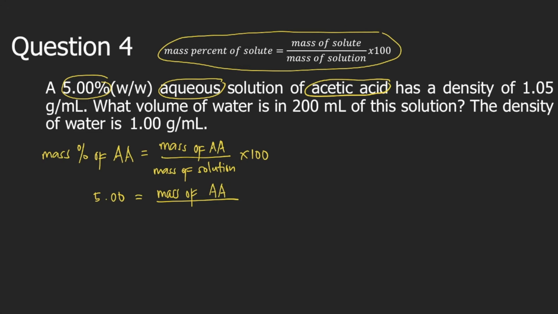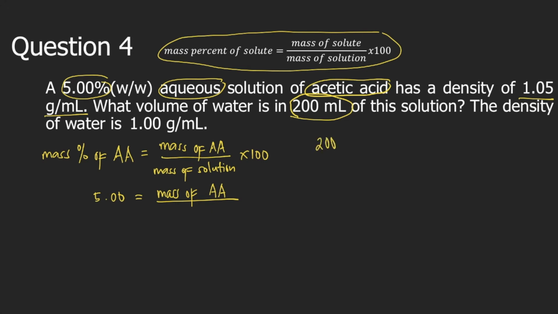Also, we are not given the mass of solution. Instead, we are given the volume of the solution, which is 200 ml. However, we are given the density of the solution, 1.05 grams per ml. So if you have the volume of the solution and you have the density, you can actually solve for the mass of the solution. So how do we do that?